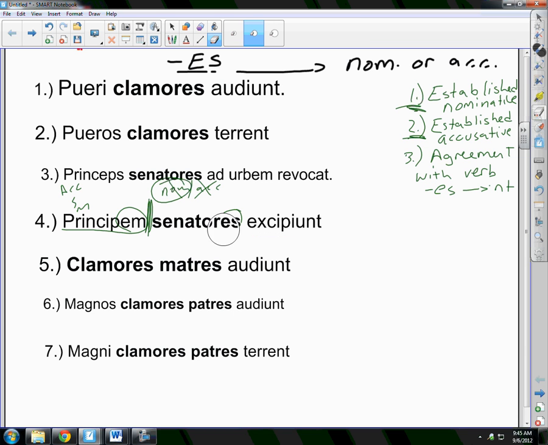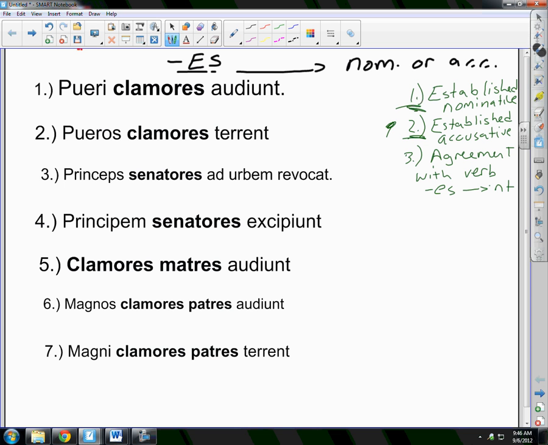And again, with that one, number 4, I've used the rule up here, help number 2. I've established an accusative, so that can't be accusative, it has to be nominative. The whole purpose of this is to decide whether the es is nominative or accusative.